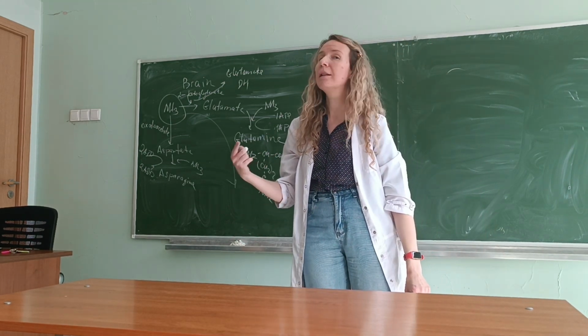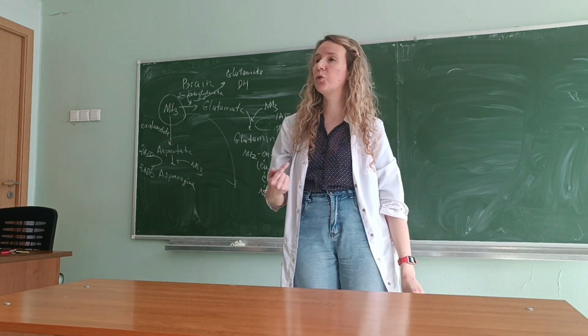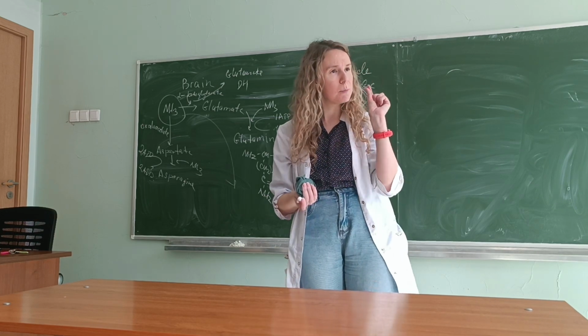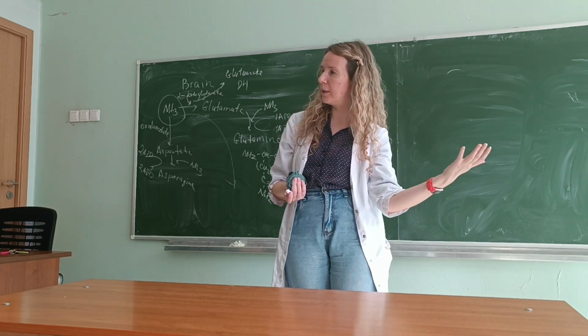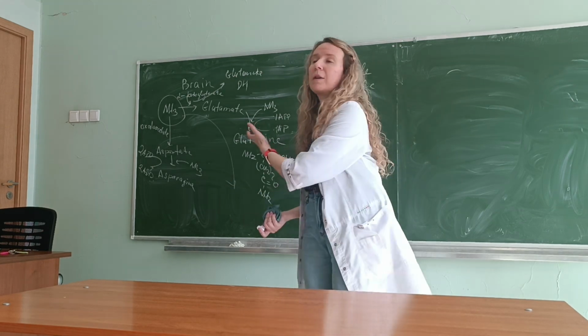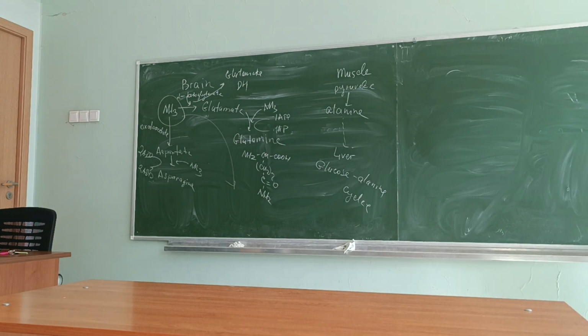It will lead to alkalosis. That's why it's impossible to transfer ammonia in free form. Yes, of course, a small amount of ammonia we can transfer in free form, but usually we need to form transport amino acids.